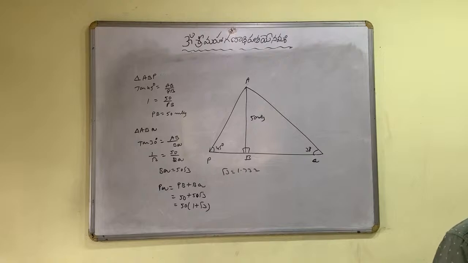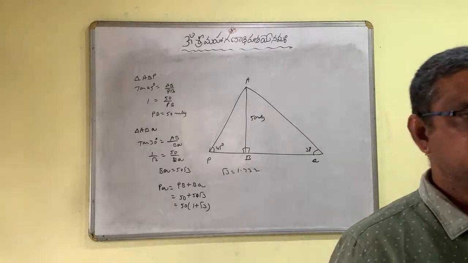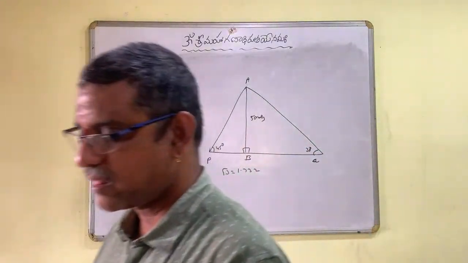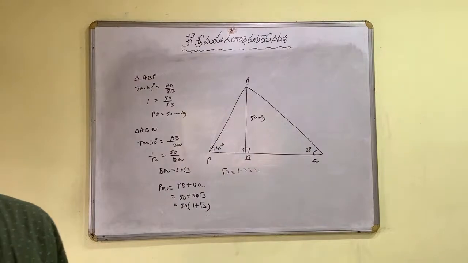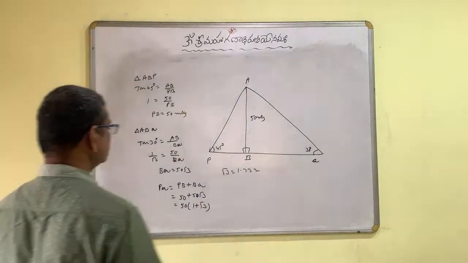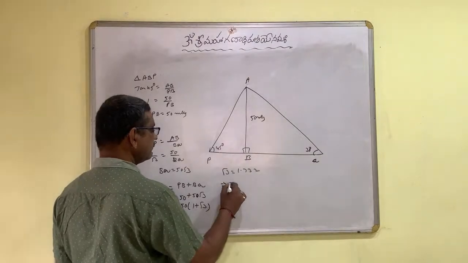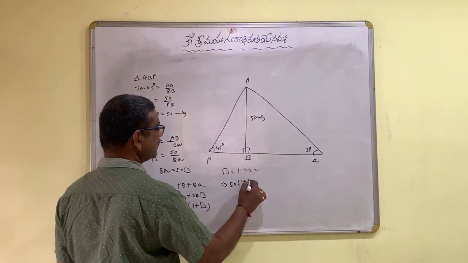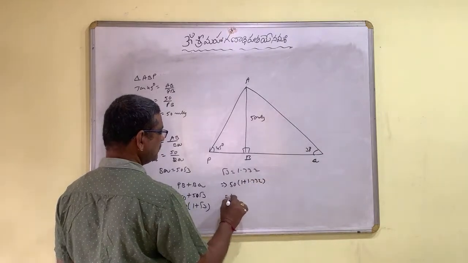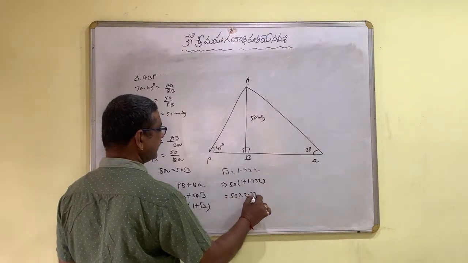Yeah, 50 into 2.732. Then how did you get 52.732, Ashi? So here, 50 into 1 plus 1.732, 50 into 2.732.